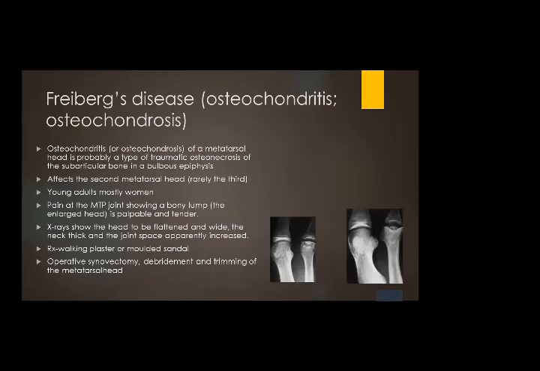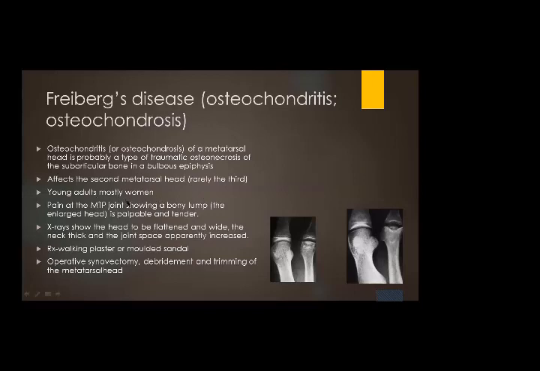Freiberg's disease, or osteochondritis or osteochondrosis of a metatarsal head, is probably a type of traumatic osteonecrosis of the subarticular bone in a bulbous epiphysis. It affects the second metatarsal head, rarely the third.